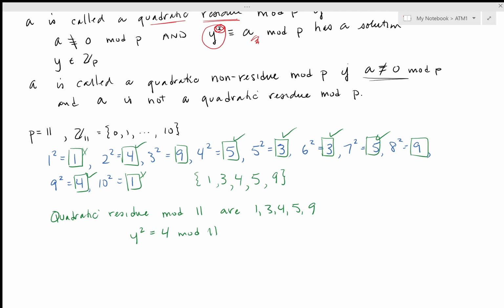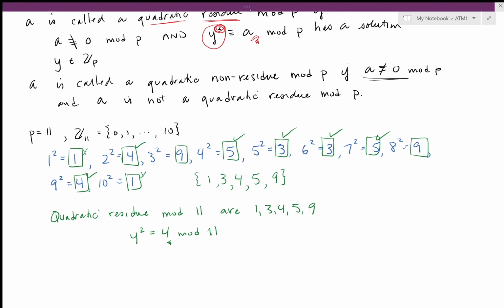I mean, in this case, I know that because I've listed them all out. But if I know that this thing here is a quadratic residue, then I know that I can solve this quadratic relationship here, y squared equals 4. And in fact, what are the solutions here? We can just look above and see what the solutions are.